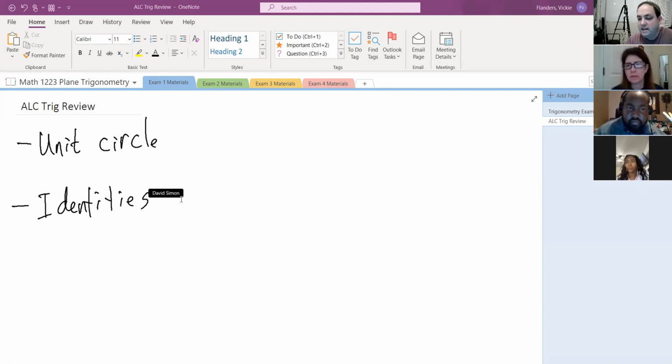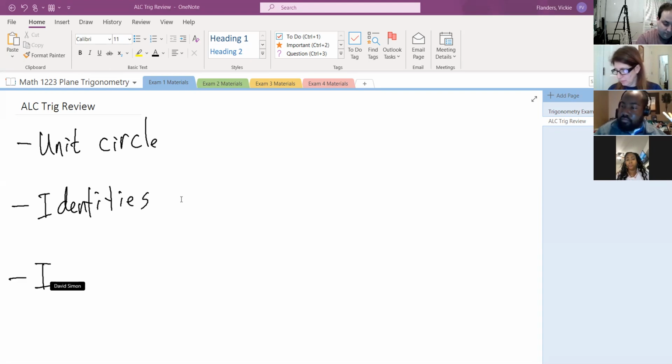There are several basic and a few advanced identities that are just paramount when it comes to not only getting through trigonometry, but as you'll find, pretty much every other subject after trig that uses trigonometry is going to interact with trig identities. So for example, calculus is riddled with trigonometry because of the way they overlap. And identities is the way that trigonometry can easily be simplified and communicate with the rest of the mathematical world.